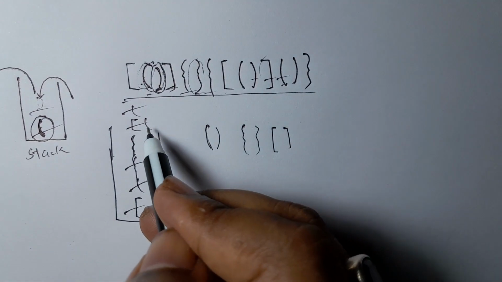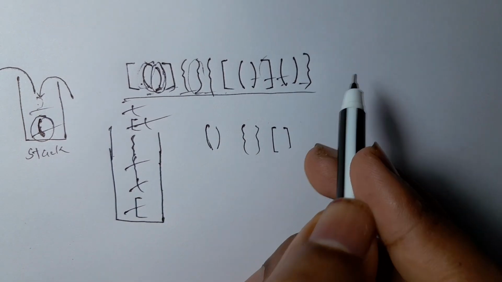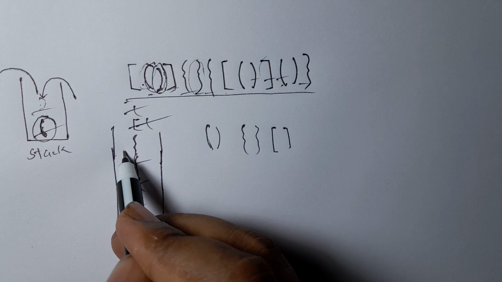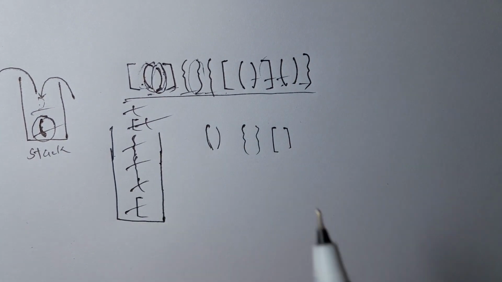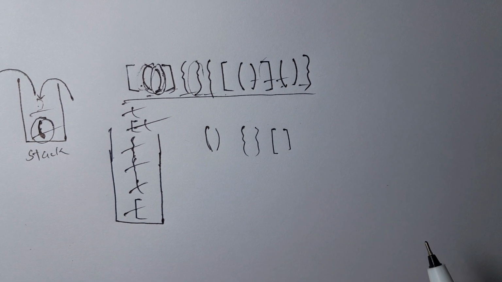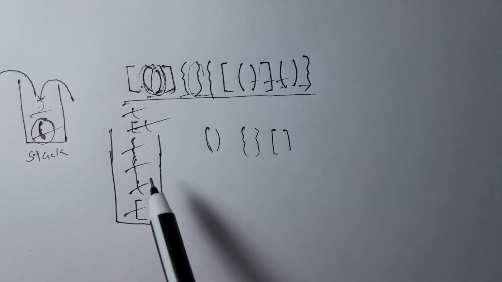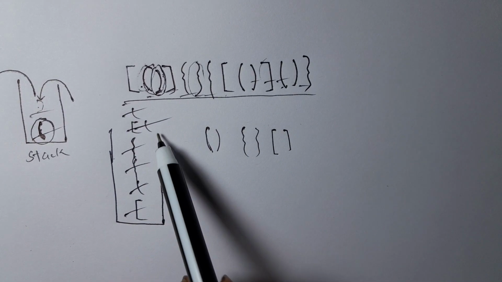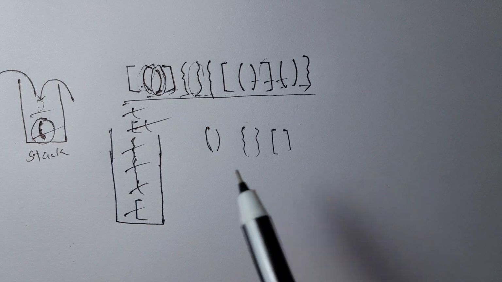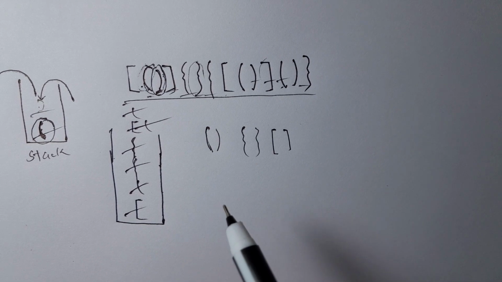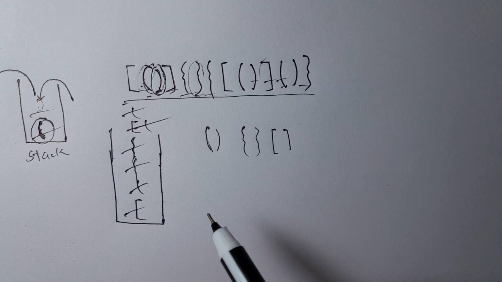I have a closing first bracket, I have popped it out. I have a closing second bracket, I have popped it out. Okay, then I can say that if and only if I have popped out all the elements from the stack, then I can say that my string is a valid parenthesis.